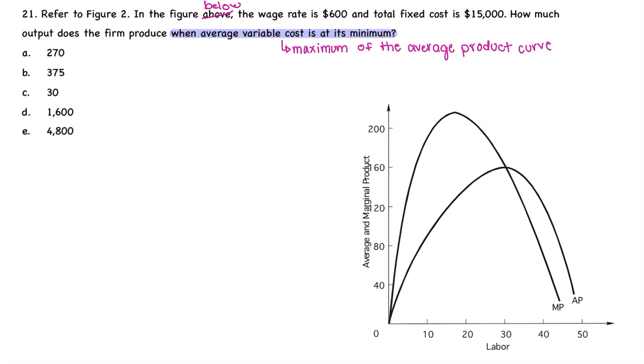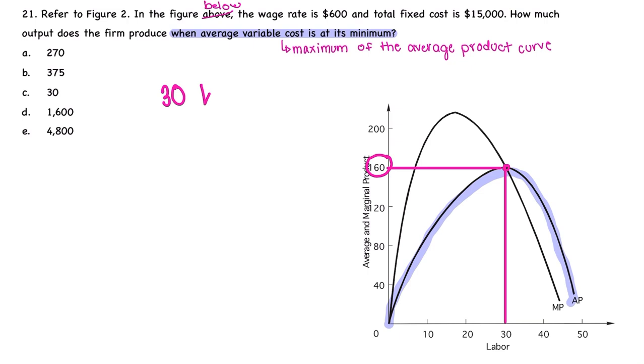So if we look at our average product curve down here, you see that our maximum is right here. And if we go down, you see that that's 30. And we go across, you see that the average and marginal product for this point is 160.